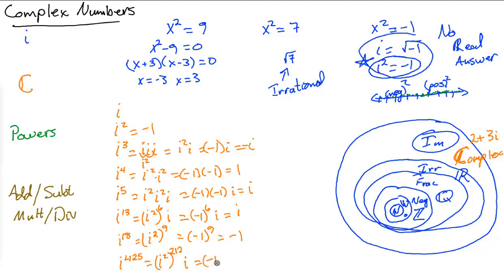So -1, that's I squared. And you should always repeat that. What is I squared? -1. And so here we go to the 212th power and 1 extra I. -1 to the 212th power. Negative times negative times negative 212 times, that's an even amount of negatives, which means it's +1 times I is I. See how that kind of works? That's pretty snappy right there.